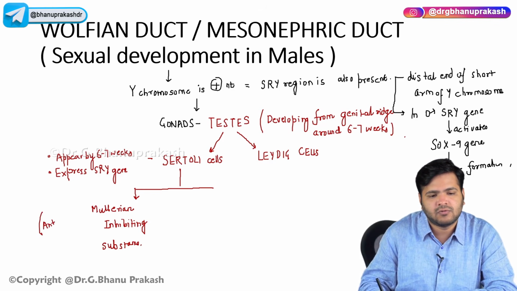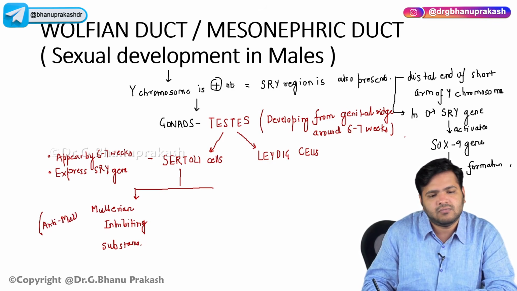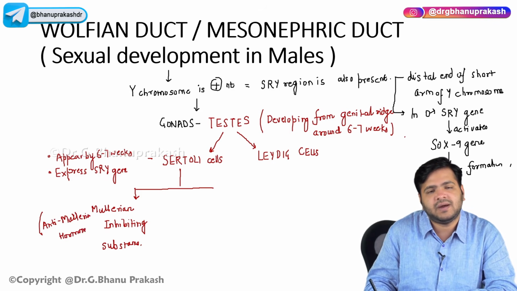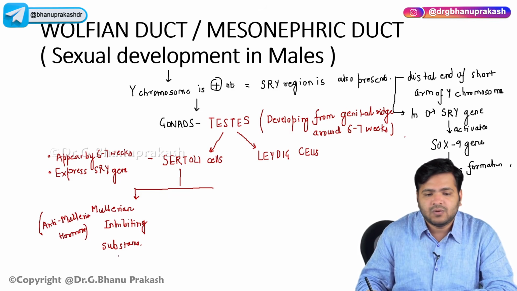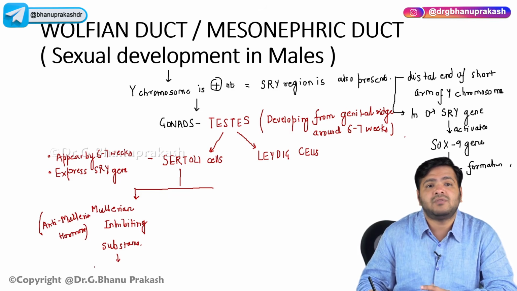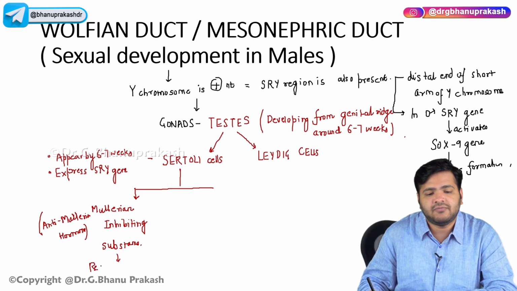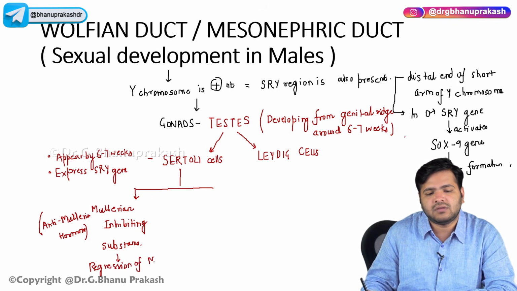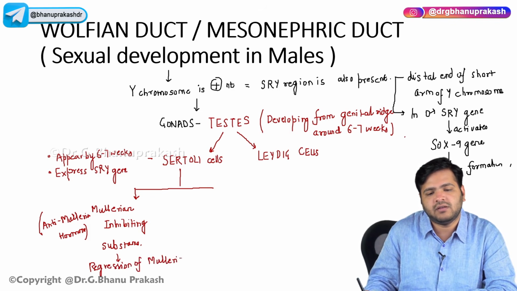It is released by the Sertoli cells and is responsible for the regression of the Müllerian duct.